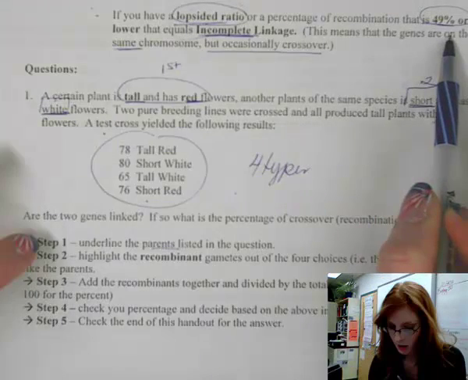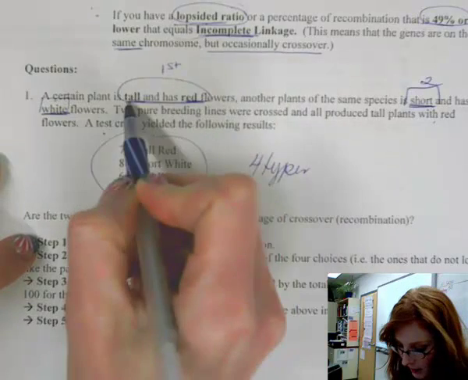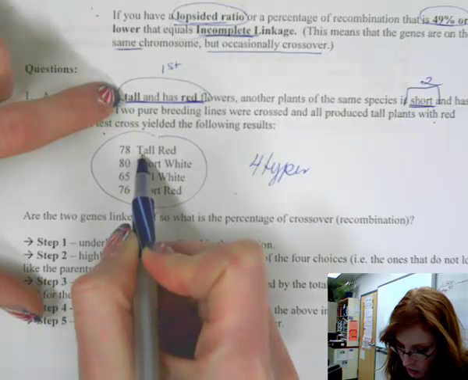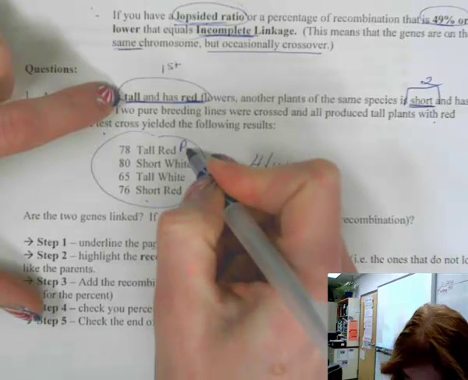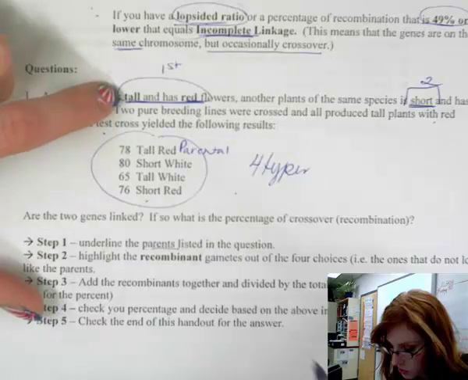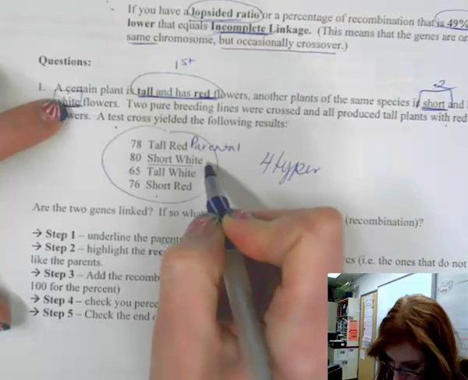Now, here's how you figure out the recombinants. We highlighted the parents. So first thing I do is I go to here, and tall red, does that match one of the parents? Okay, so I would label it with a P for a parental type. Then short white. So there's my other parental.